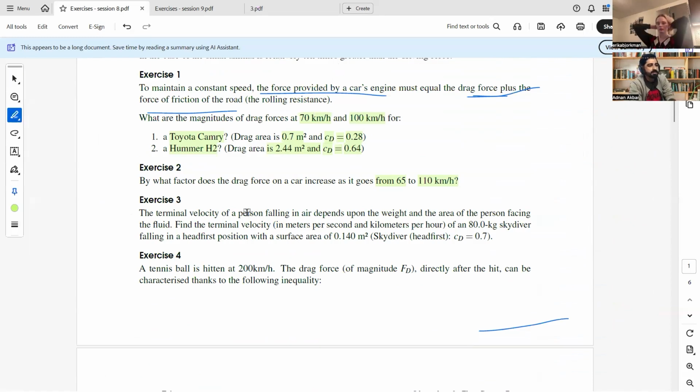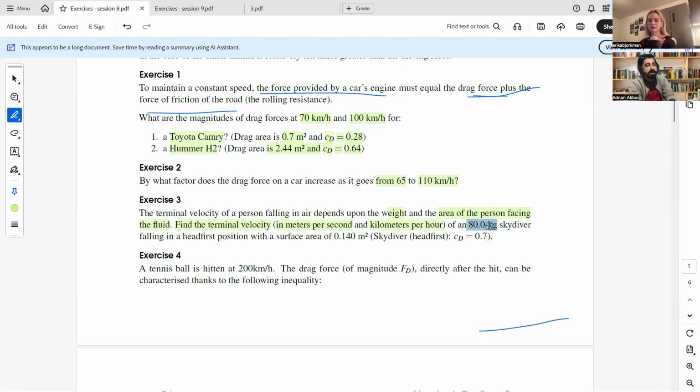The terminal velocity of a person falling in air depends upon the weight and the area of the person facing the fluid. Fluid means, as the person is falling, the fluid we are talking about is the air. Find the terminal velocity. Okay, we have to find the terminal velocity in meters per second first and then kilometers per hour second.